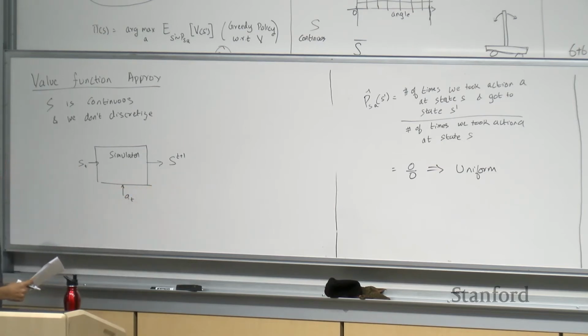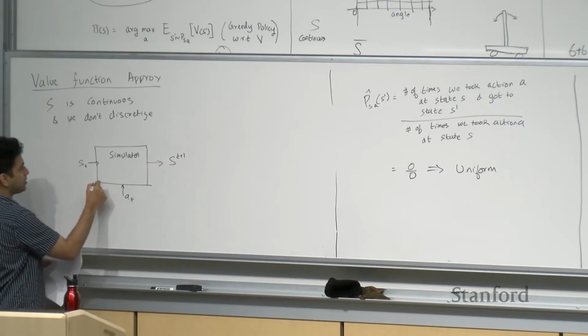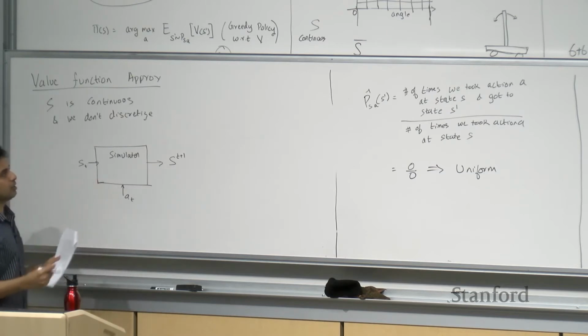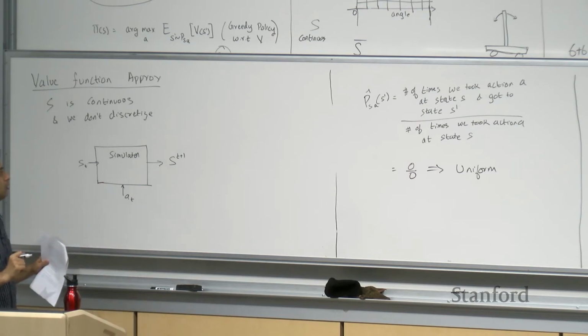And the biggest difference between this and the previous model we were working with is that in the previous model we had a finite number of states, and we had a multinomial distribution over the next state for every state and action pair.